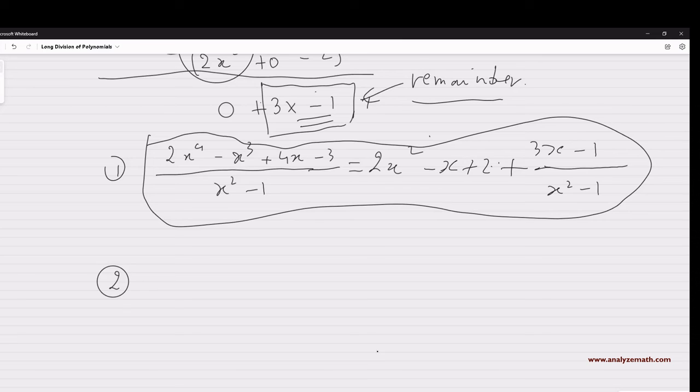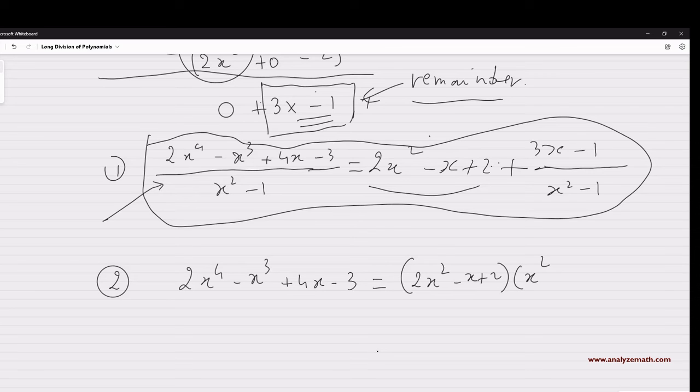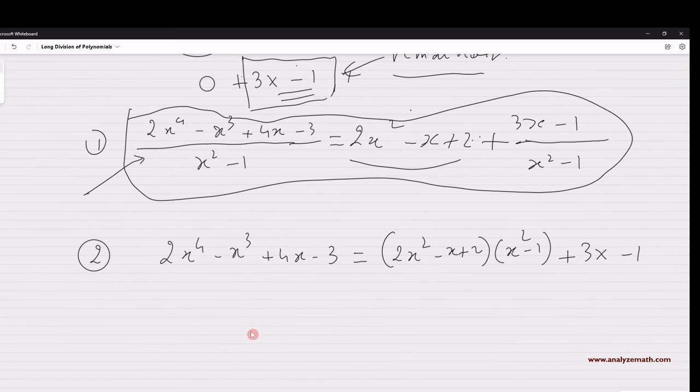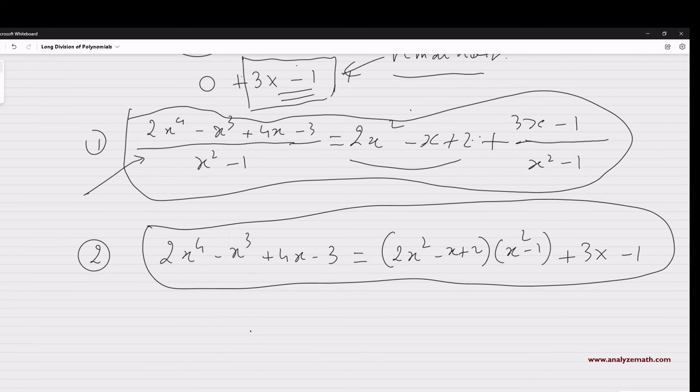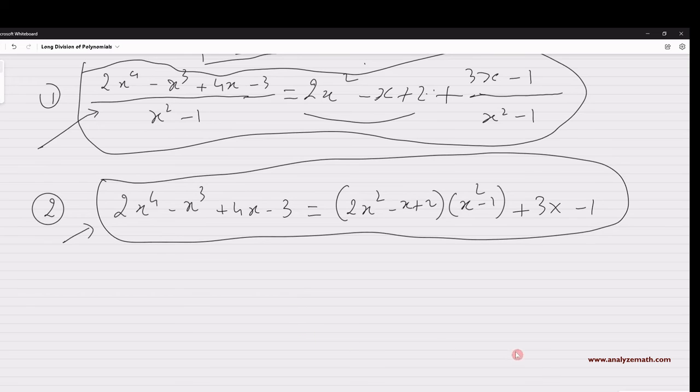So this term here, multiplied by x^2 minus 1, will simplify to 2x^4 minus x^3 plus 4x minus 3, which is the dividend, and it is equal to the quotient multiplied by x^2 minus 1 plus the remainder. So two forms to write the division, and the second form is useful if you want to check your calculations.